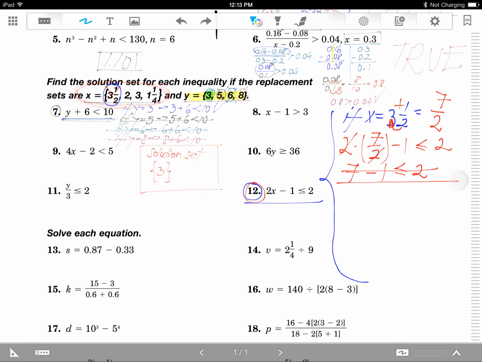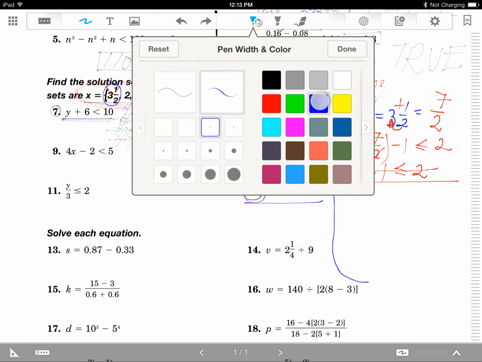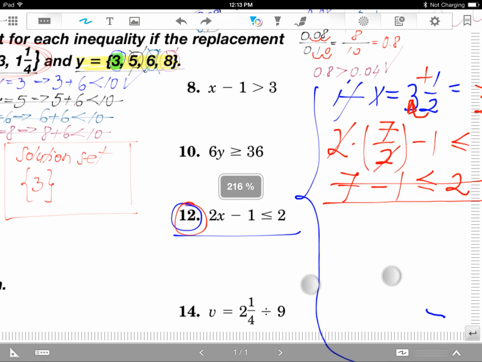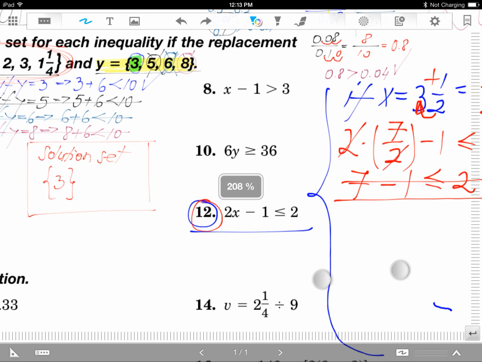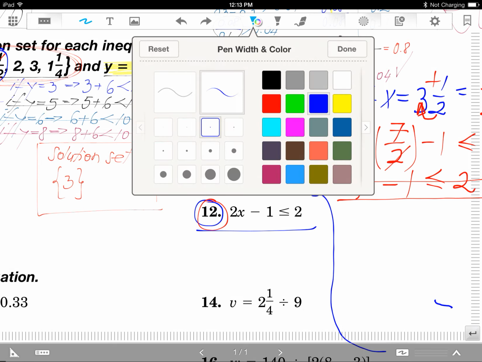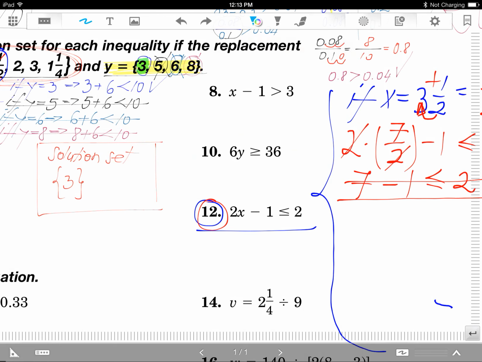Moving on. Let's choose a different color again. I'm going to use x equals 2, and I'm playing with my iPad here. Some of you have figured out that I'm using an iPad. Okay, if x equals 2, 2 is the next one. Your expression will be 2 times 2 minus 1 less than or equal to 2. Is that true?